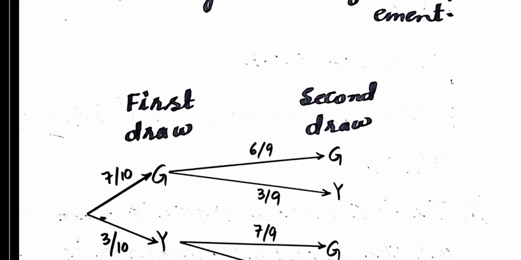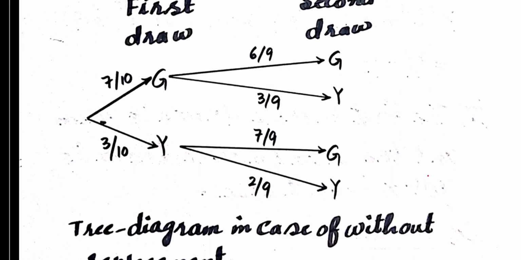But in case your case is without replacement, again I make a bag here. This is my bag that has green and yellow marbles. There are 7 green and 3 yellow marbles. Total are 10 marbles.